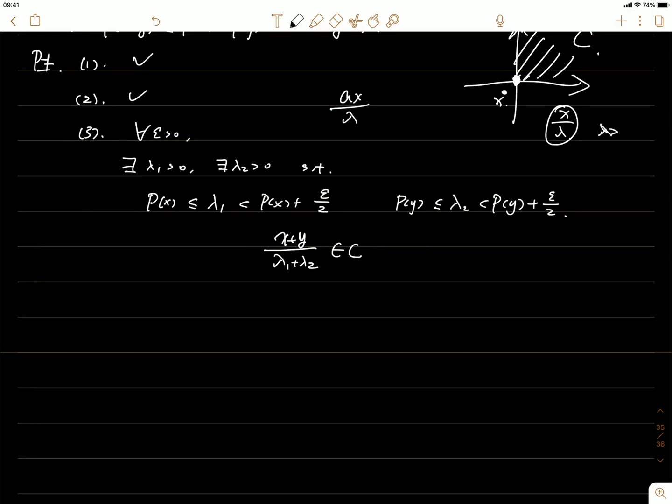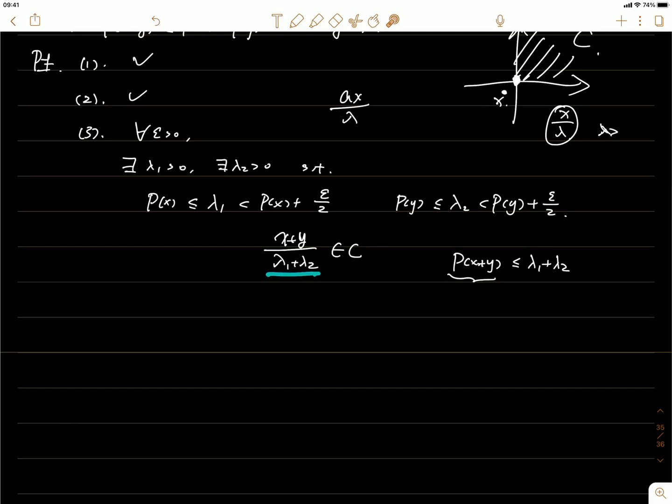And if I can show this, that means p of x plus y will be less than or equal to lambda 1 plus lambda 2, because this is supposed to be the infimum of lambda such that when it is divided by some lambda here, you get it into C. So now if lambda 1 plus lambda 2 works, that means lambda 1 plus lambda 2 must be bigger than or equal to the infimum.